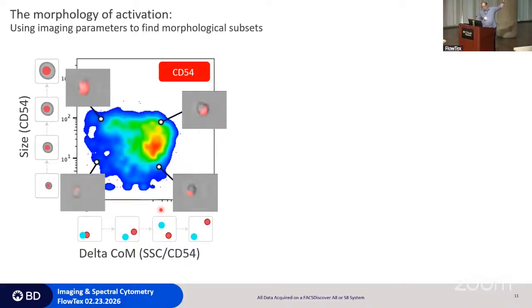So in the top left, I have uniform bright expression. The bottom left, dim uniform expression. And then as you move to the right on this plot, you see the signal becomes polarized in the cell. So in the bottom right, it's polarized and very small. Top right, polarized like half the cell. So how does the imaging feature do this?